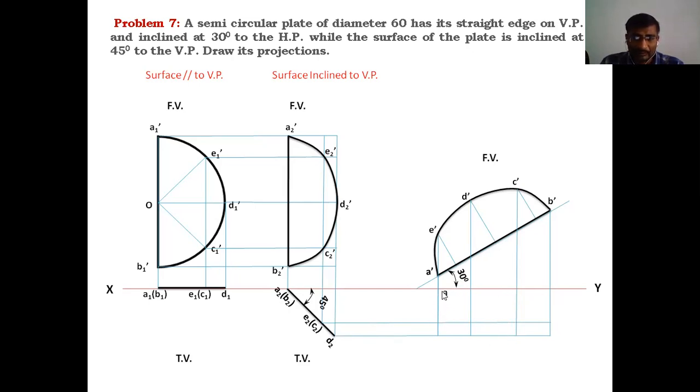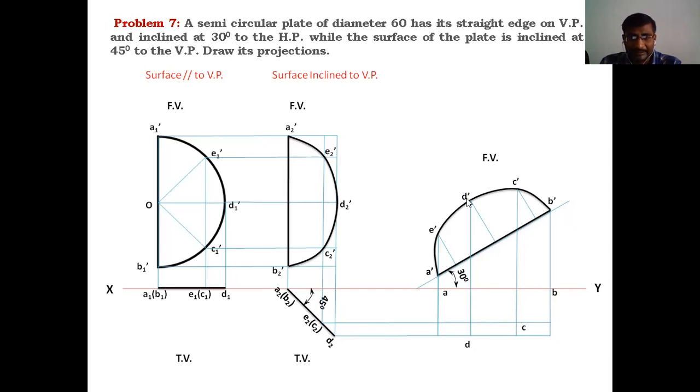So what are the intersection points? The intersection between A dash line and A2 line is located as A. This is the point A. Similarly, the intersection point between B dash line and the B2 line is located as B. This is the B point. Similarly, the intersection point between C dash line and the C2 line is located as C. This is the top view of point C. Similarly, D point.